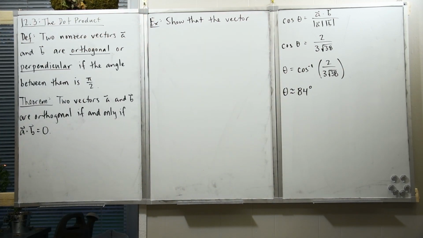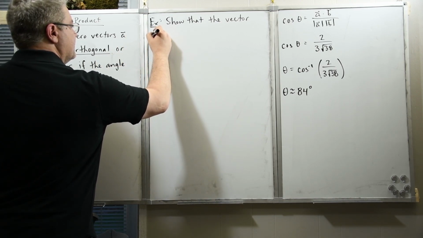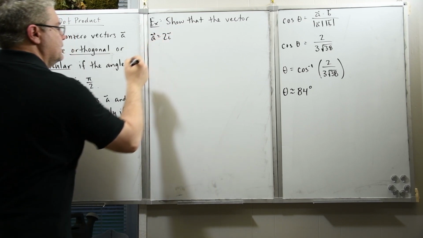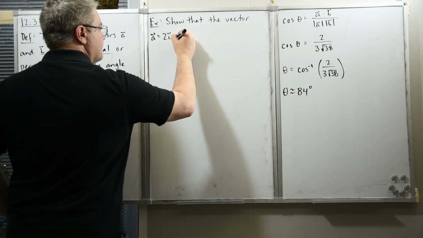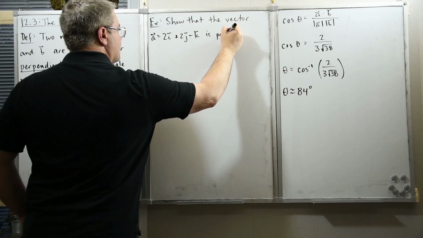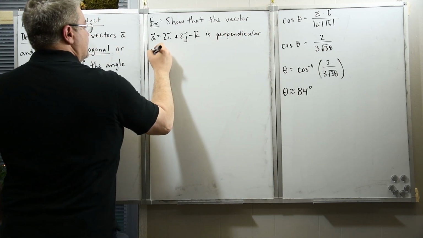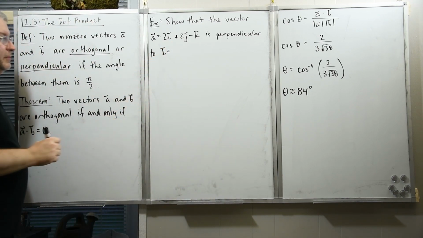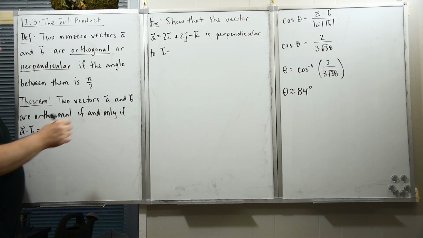So in the next example, we're going to show that the vector A equals 2i plus 2j minus k is perpendicular to B, which has a representation of 5i minus 4j plus 2k.